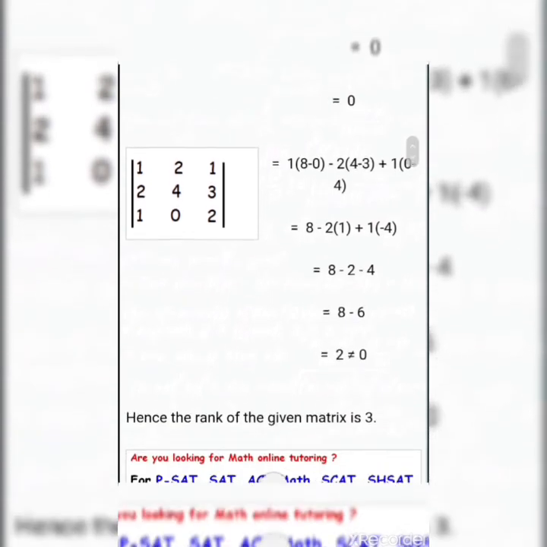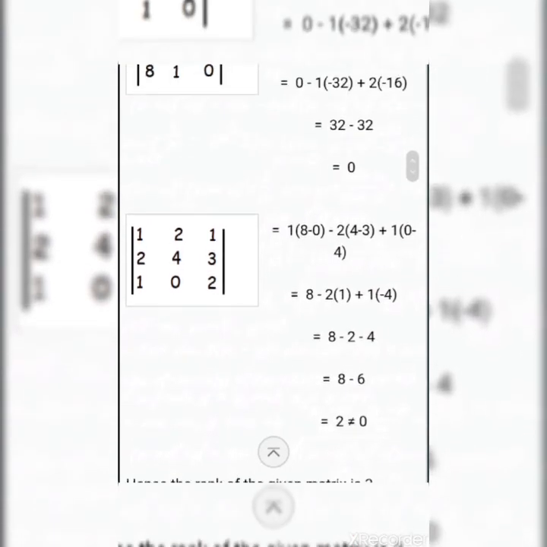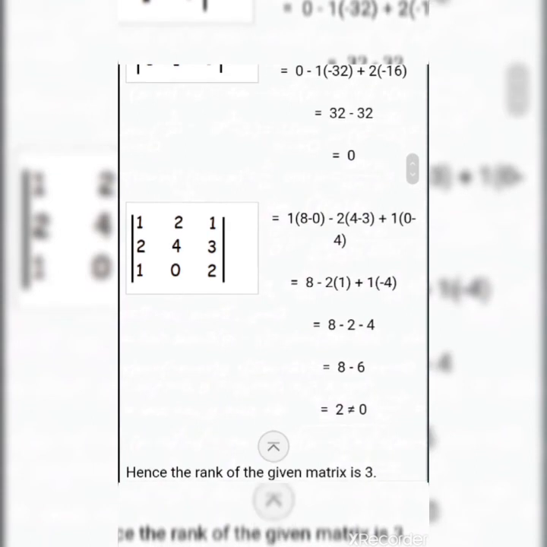We expand along R1. We get the determinant value is 2. Hence, the rank of the given matrix is 3.